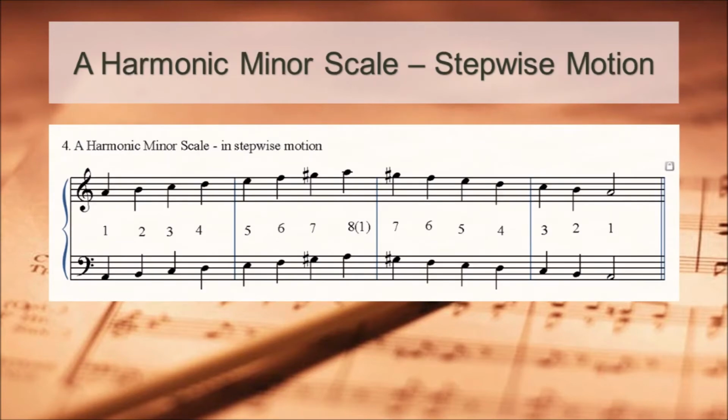Okay, now here's the A harmonic minor scale in stepwise motion. Now you notice right off the bat that there's a difference here. We have a G sharp.